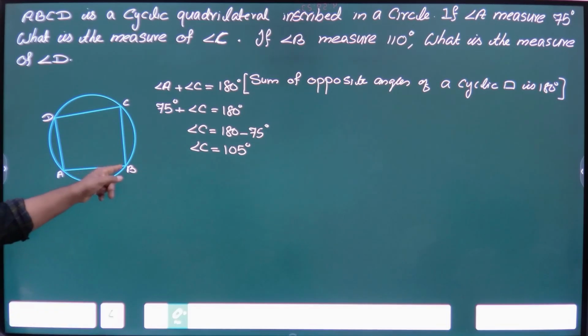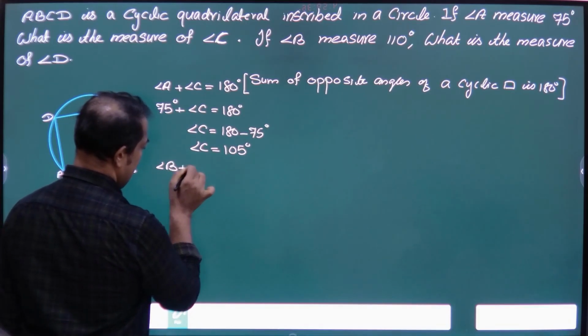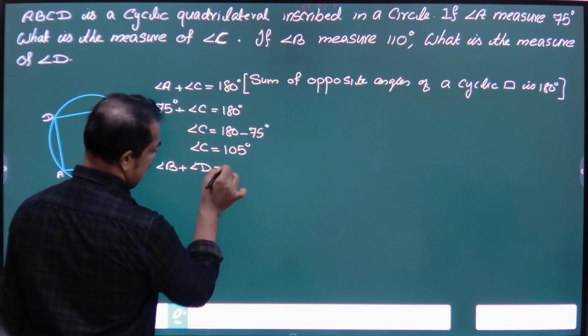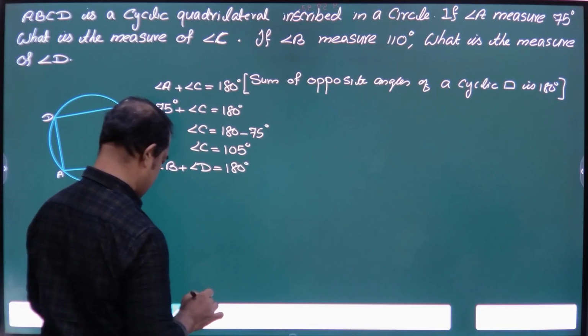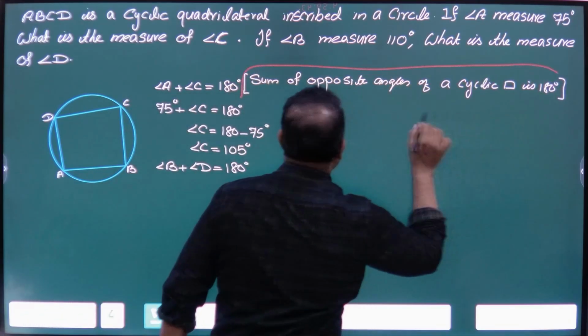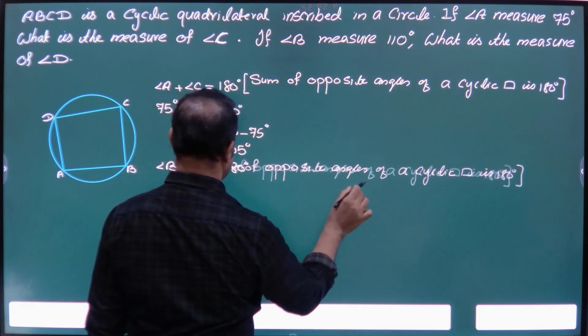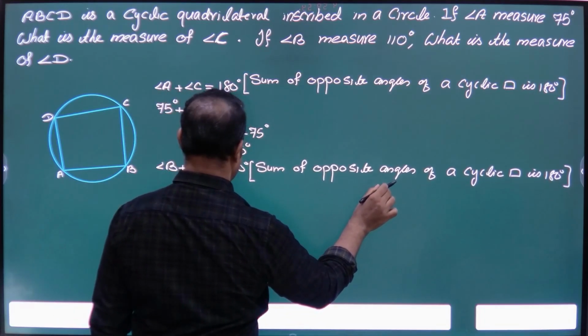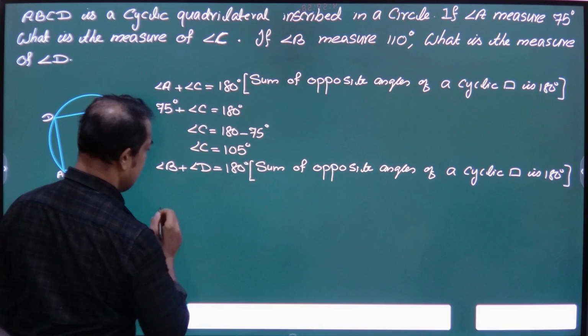Same way, sum of other two opposite angles also 180 degree. That is angle B plus angle D is equal to 180 degree. Same reason: sum of the opposite angles of a cyclic quadrilateral is 180 degree.